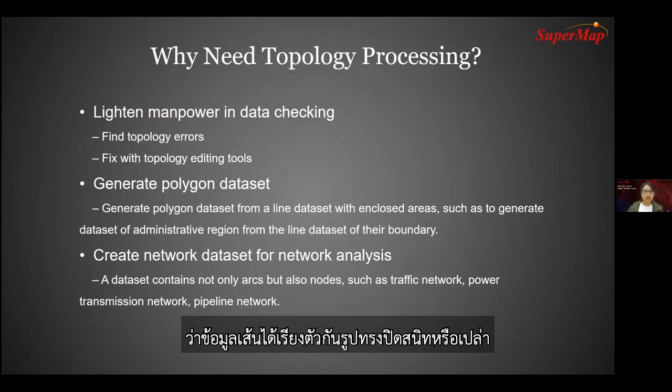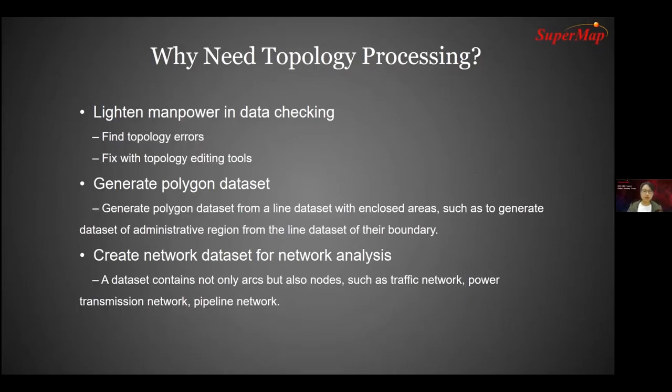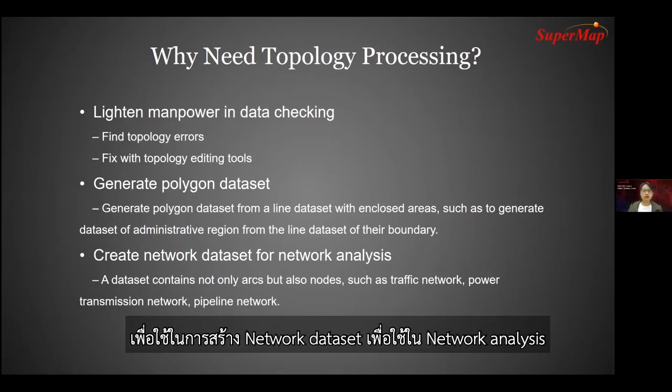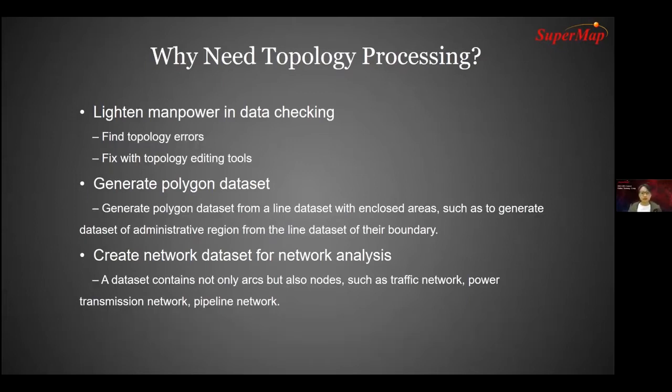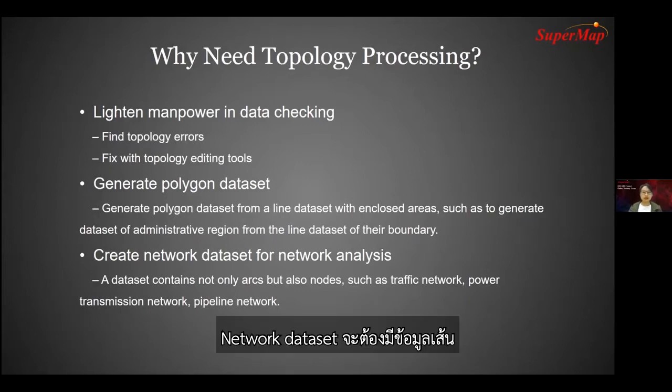If the lines can create an enclosed area. And the third, which is the most important, is for the network dataset construction, also for the network analysis. We know that the network analysis can't work without the lines.